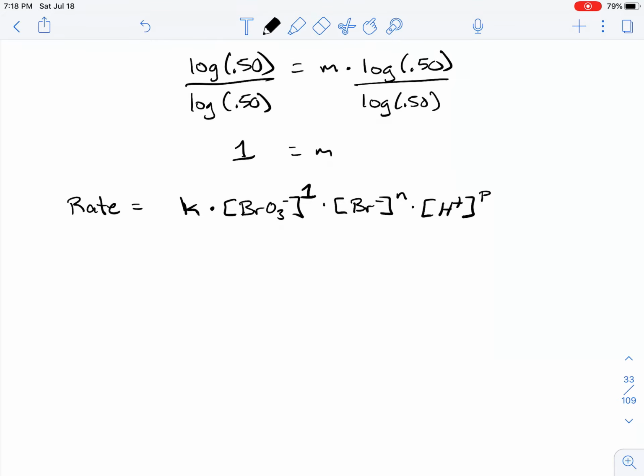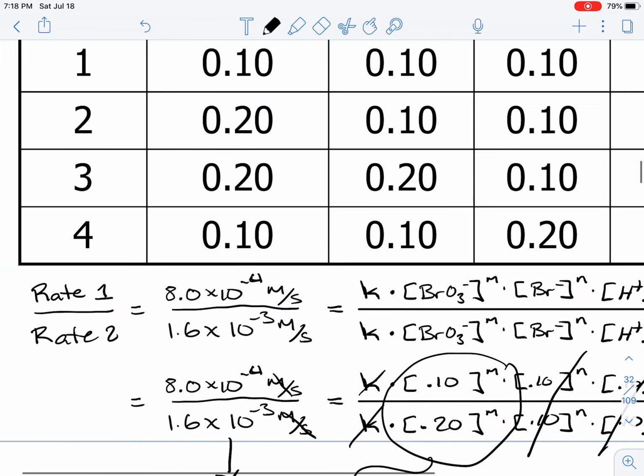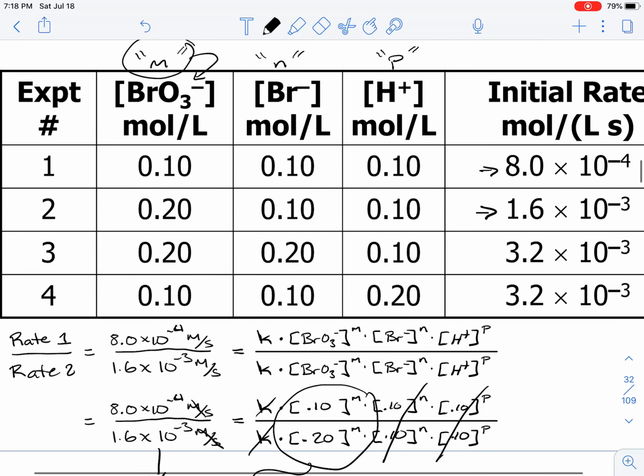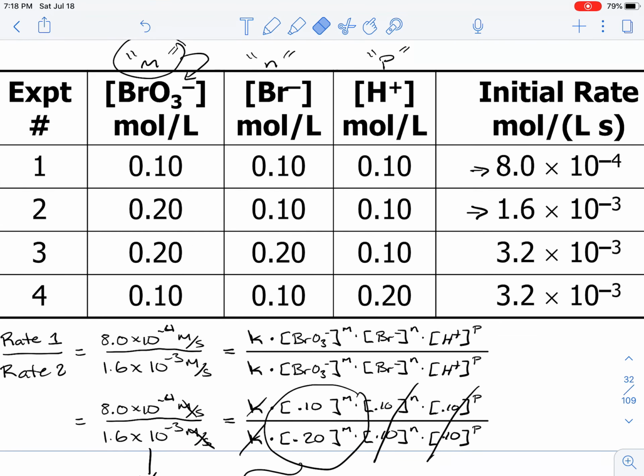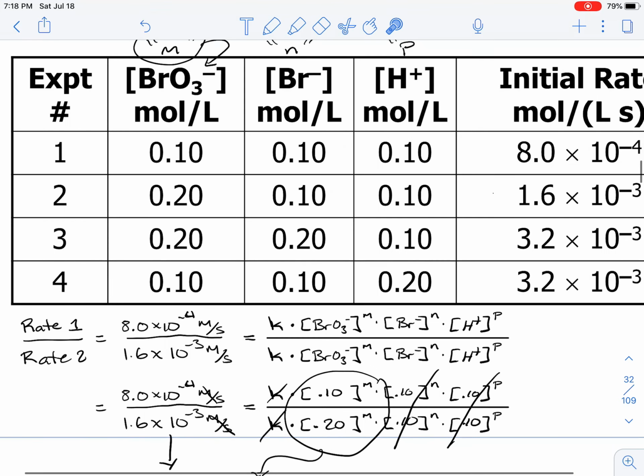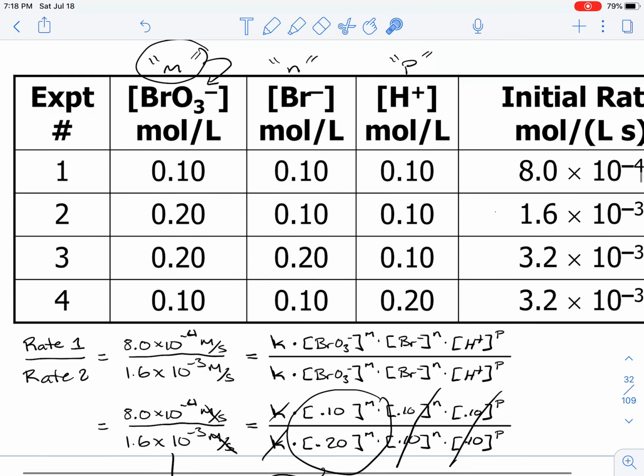So now that I've solved for bromate, I'm going to go ahead and repeat this to figure out the value for n and to figure out the value for p. And so for us to do so, we're going to look at our given kinetic data. And we're going to look for two more experiments that allow us to cancel two of these reactants, leaving just one alone.